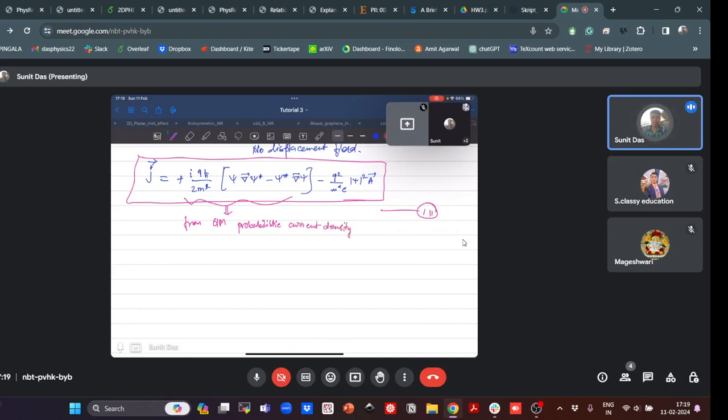And this is the extra part due to the electromagnetic field, here only the magnetic field.